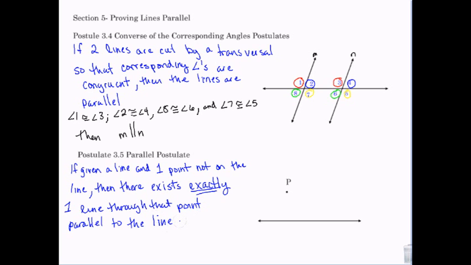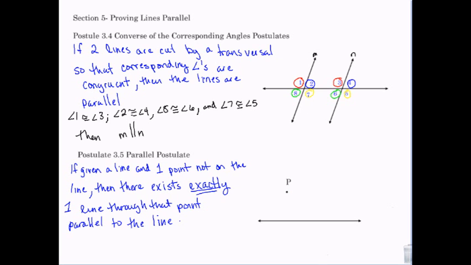Okay. So if we're given this line here, and this point here that's not on the line, there exists exactly one line, so only one line that we can draw through that point that will be parallel to this line that we already had.